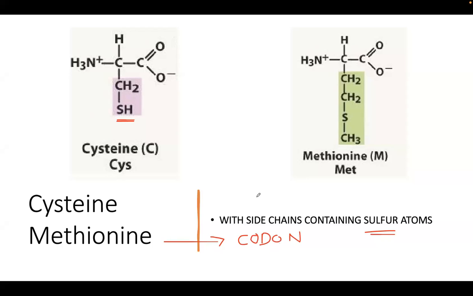We call it the start codon. The start codon is also known as AUG. Very good, I am impressed. The amino acid coded by the start codon AUG is methionine.